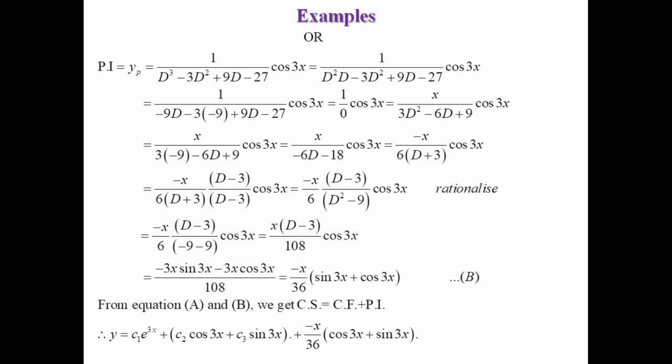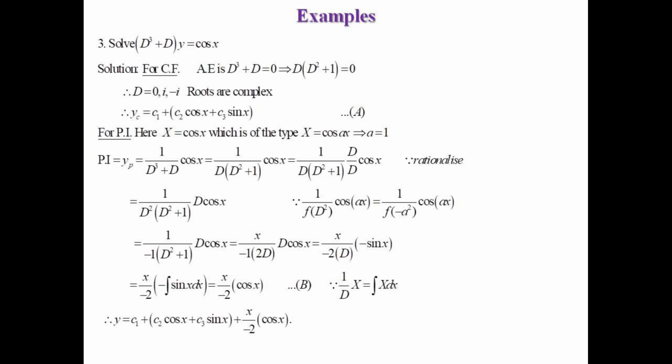But in both ways you will get the same final answer for the value of the particular integral, so it does not differ. Now if we combine these two solutions together, we get the value of the complete solution, which is given here. Now to understand this type number 2 clearly, take the third example.